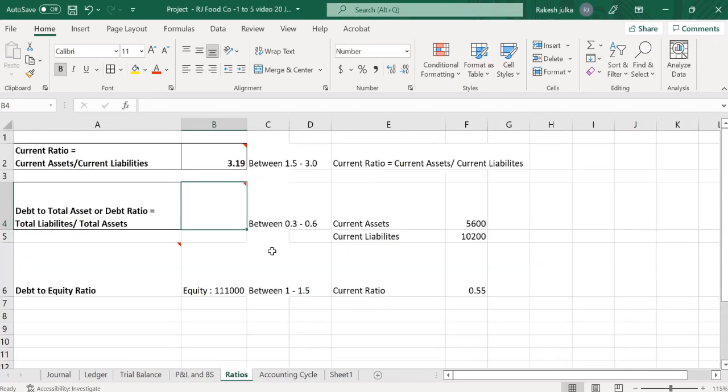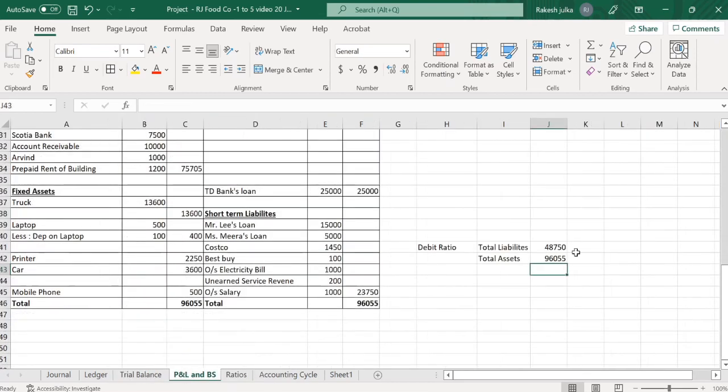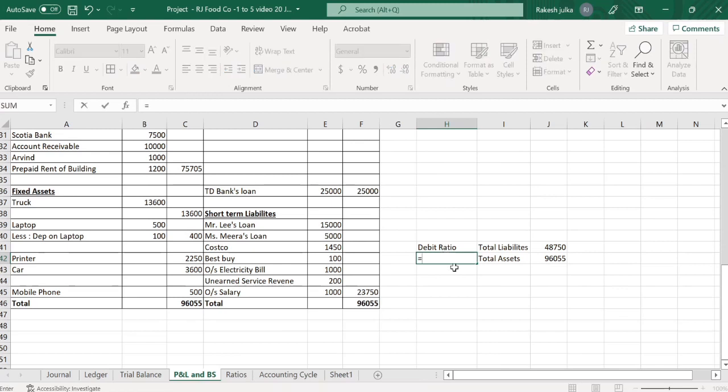According to this formula, the total debt ratio is equal to total liabilities divided by total assets, and we can see 0.50.